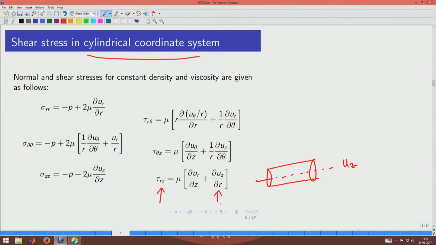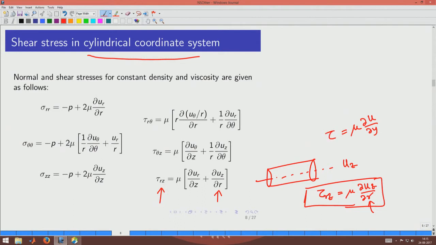Okay, so, it looks very much like a rectangular coordinate system where you would write in this form: tau rz is equal to mu into dou uz by dou r. Okay. However, this is when the ur component is 0, only axial velocity is there, and you may see that the way we write is very similar to the rectangular coordinate system.